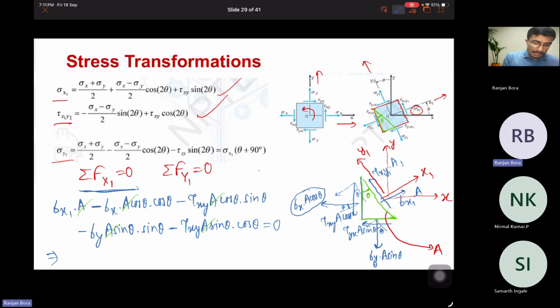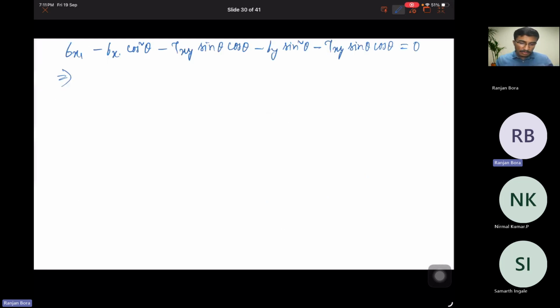See, in the formula, we need to find these theta terms in terms of cos 2 theta and sin 2 theta. So here we need to use what we know: sin 2 theta is 2 sin theta cos theta and cos 2 theta is cos square theta minus sin square theta. Okay.